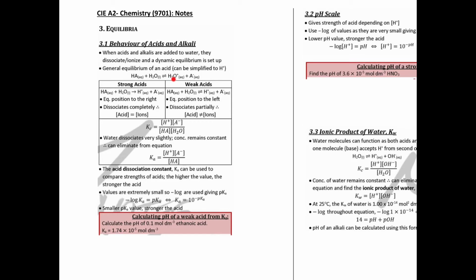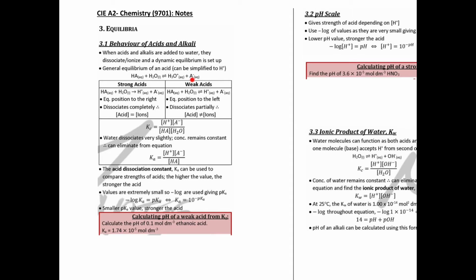Okay, hydroxonium ion. So if you don't want to write hydroxonium ions, then you can simplify it to H+. So you can use H3O+ or H+. And the other thing is plus the anion.